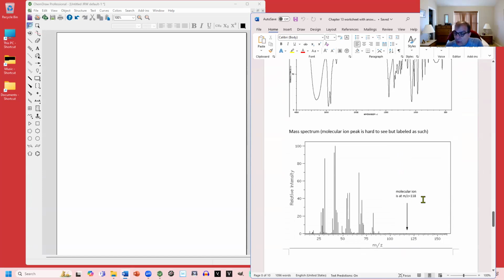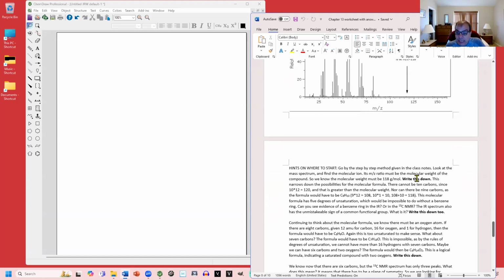So from the molecular ion, we recall that means that the molecular weight of this compound is 118. And so in class, we'll go over a step-by-step method that you should use for solving combination spectroscopy problems. The first thing you want to go after is the molecular weight, and from the molecular weight, try to get a reasonable formula.